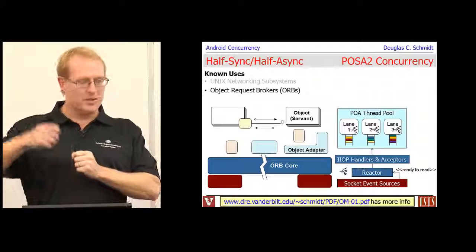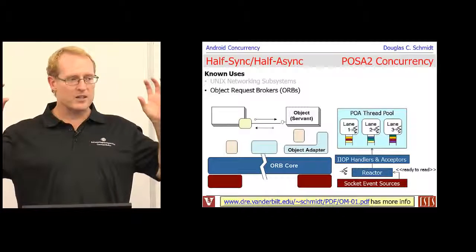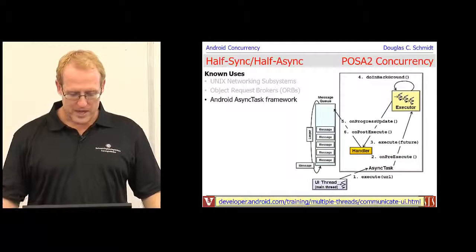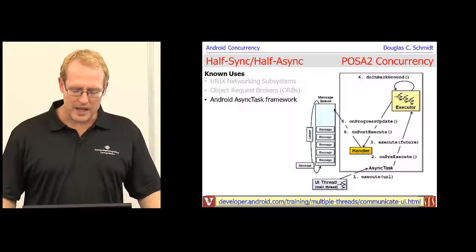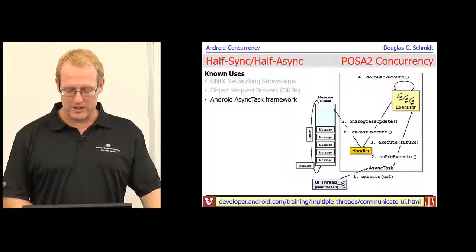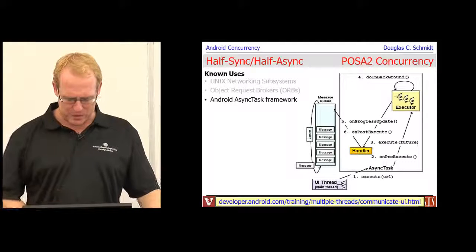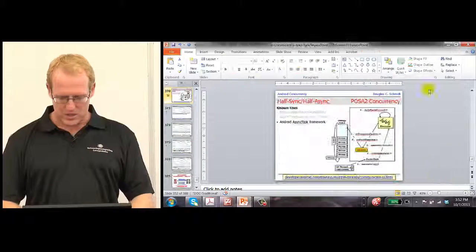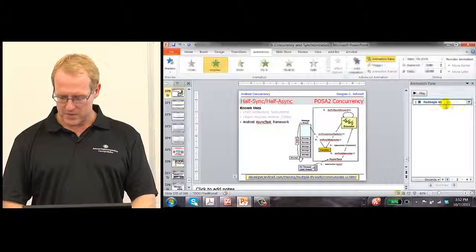Then those things hand the data off into various queues, either one queue or multiple queues, and there are threads running in those queues to do the processing. That's another example. And then we have the Android async task framework, and we'll take a look in more detail in a second at the async task framework. You'll see how and why that gets used and what makes it a win in this context.